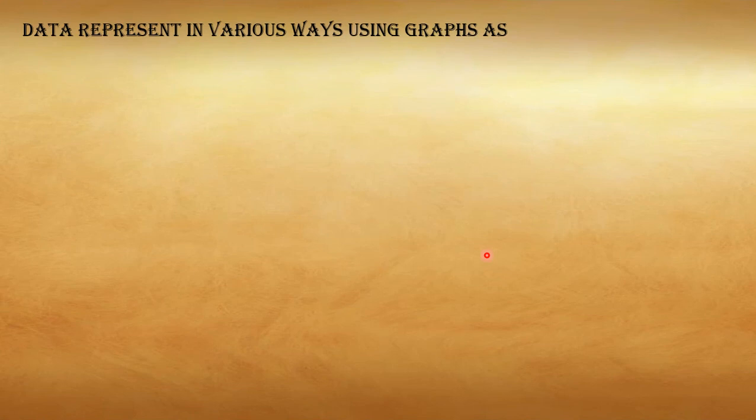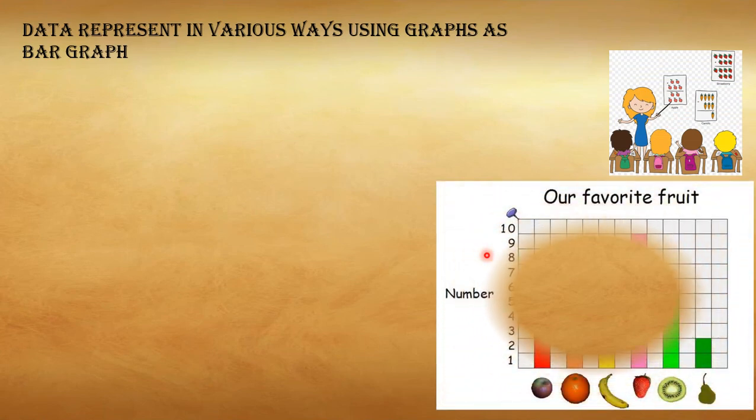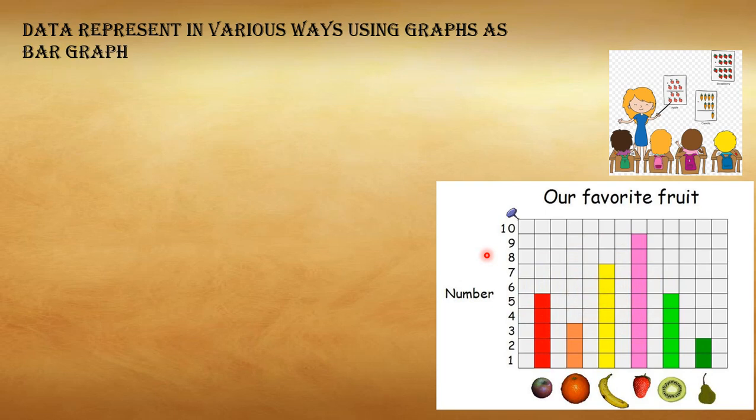There are types of representation, as we have learned in earlier classes, that is the bar graph. Let a teacher ask the students which fruit they like most. According to that collected information, the data can be represented in this form.